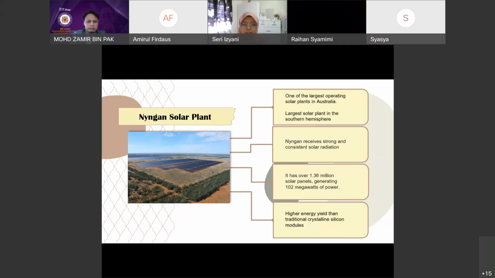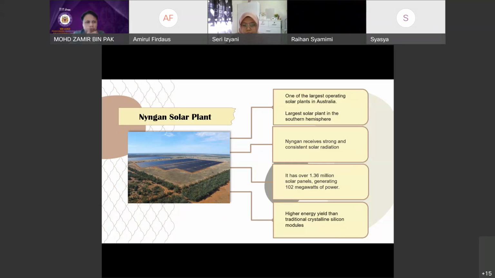About 1.35 million solar photovoltaic modules were installed, generating 102 megawatts of power, supported by 150,000 steel posts. These modules were fixed at 25 degrees facing north. They are wired together in arrays and connected to an inverter, which transforms the DC current produced by the modules into AC current that feeds into the grid.